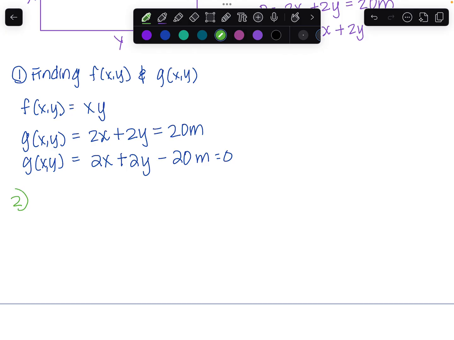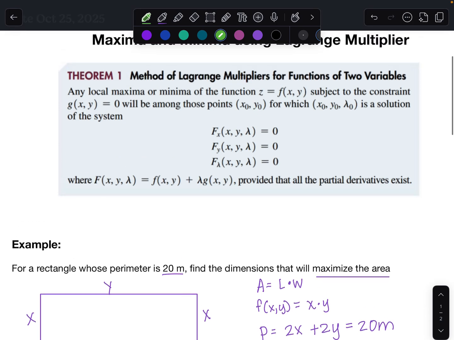Our next step is we're going to find x, y, and lambda. The way we do this is by using this formula here.